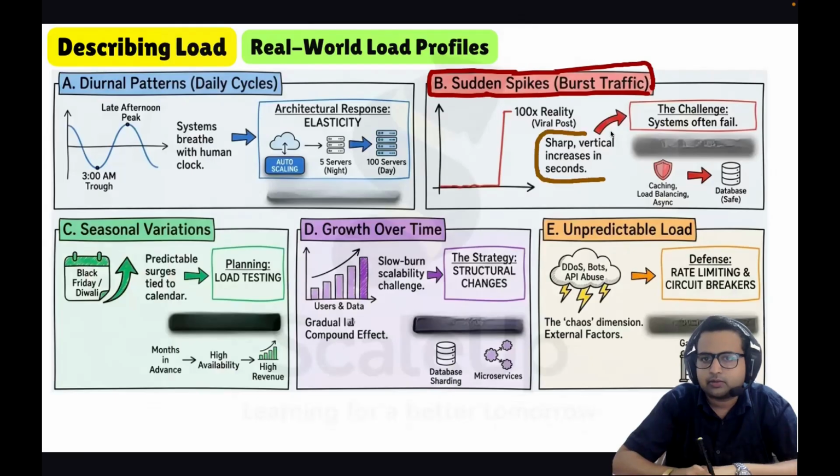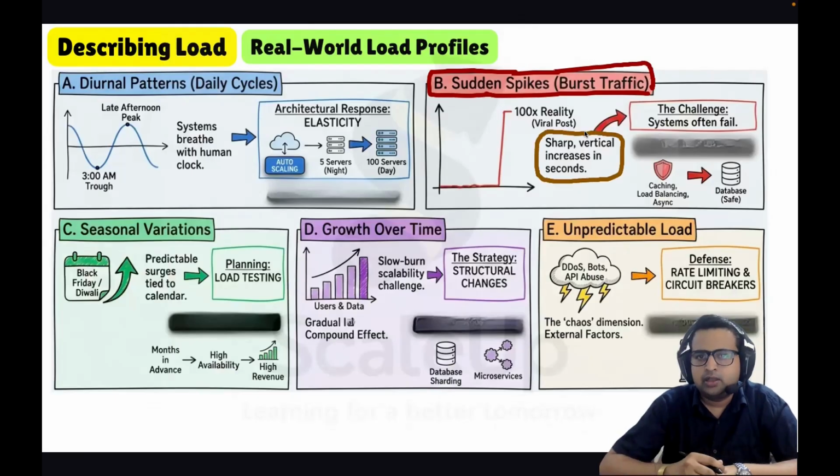Like all of a sudden, if something goes viral, then the load on that post will increase abruptly. So the sharp vertical increase is the sudden spike or the burst traffic. It is the 100x reality. Just imagine a viral post. We see a sudden spike in the load.